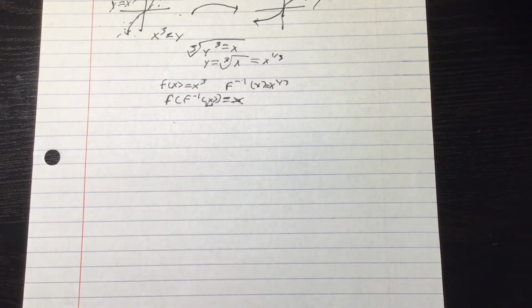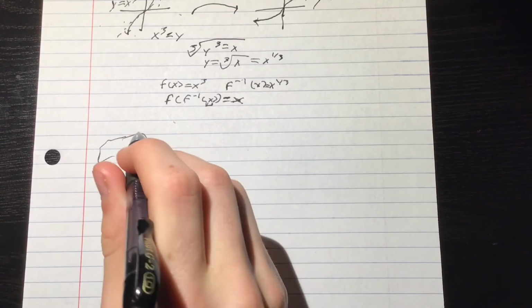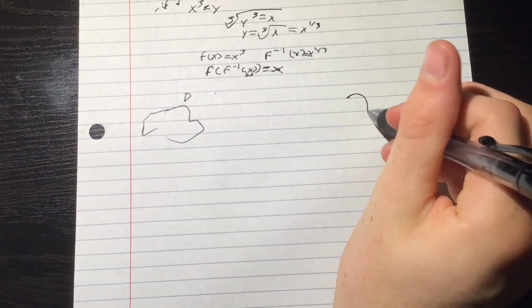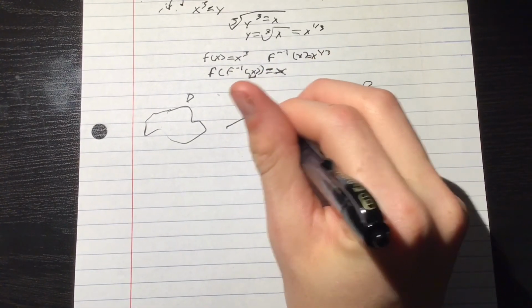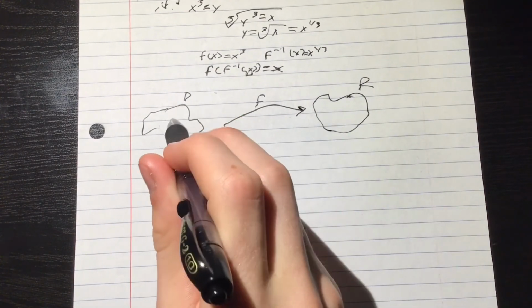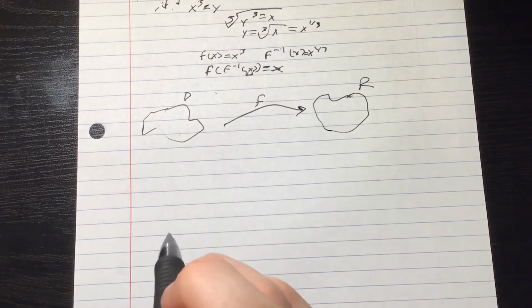So a one-to-one function, if you remember from the beginning of the functions videos, when I was drawing these blobs for the domain and the range, there's the domain, here's the range, function. So I said the only thing that disqualifies a function is if you have one domain value going to two different range values.